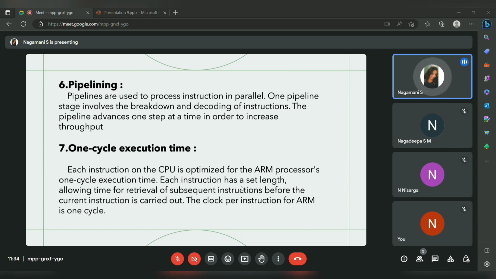Due to the small instruction set, there are fewer transistors, so the size of the IC is very small. ARM processor is very small in size, has reduced complexity and also less power consumption. These features are mainly suitable for miniature devices. So we use it in today's generation.